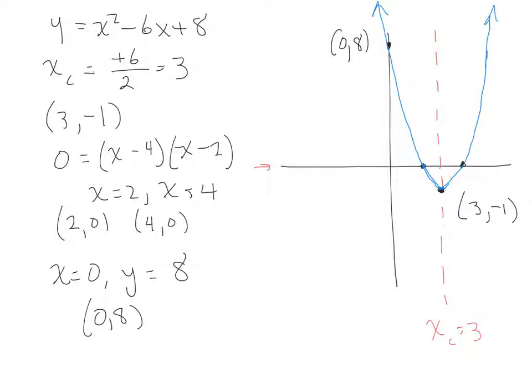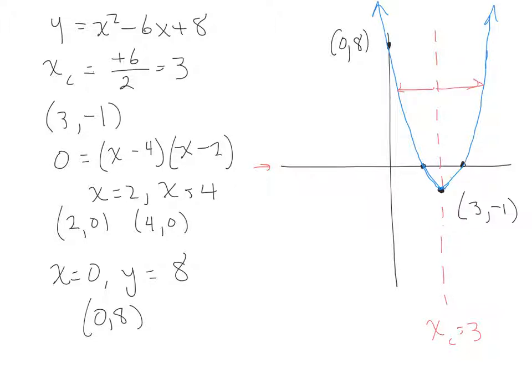So if the center line was, let's say, in this case, 3, then go 2 and 4, 1 and 5, and so forth. Go either side of it, because every point on this parabola, this distance and this distance are the same.